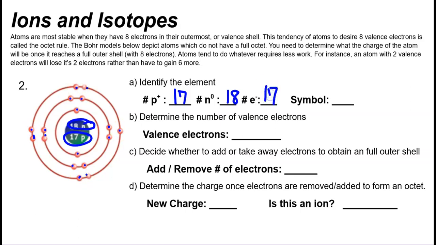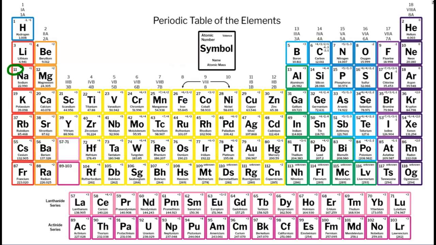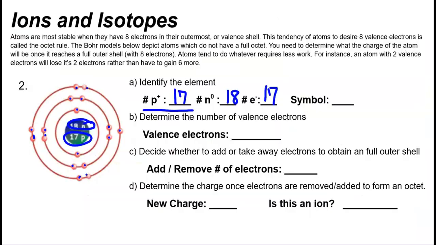To figure out our chemical symbol, we need to use the number of protons, 17, or refer to our periodic table. We'll find element 17, and that happens to be chlorine, Cl. So symbol, capital C, lowercase l.